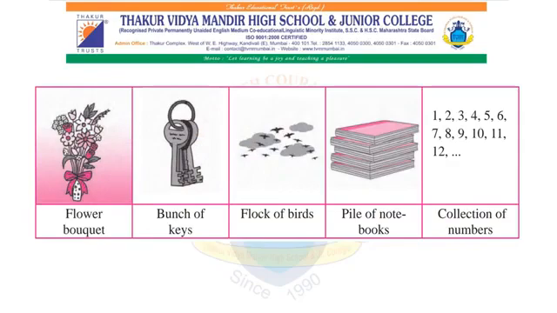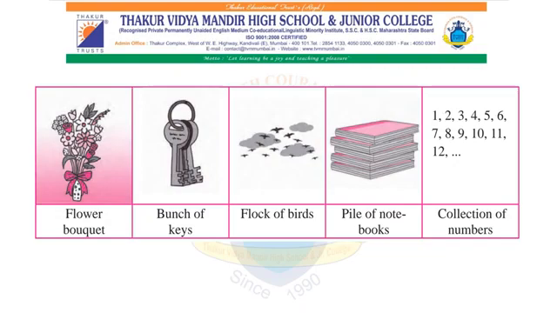Some pictures are given here. It contains a group of things you know: bouquet of flowers, bunch of keys, flock of birds, pile of notebooks, collection of numbers. We use special words for each of the collections given above. In all the examples, we can clearly list the objects of that collection.